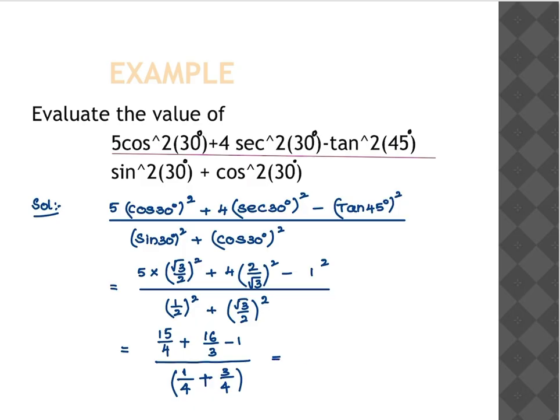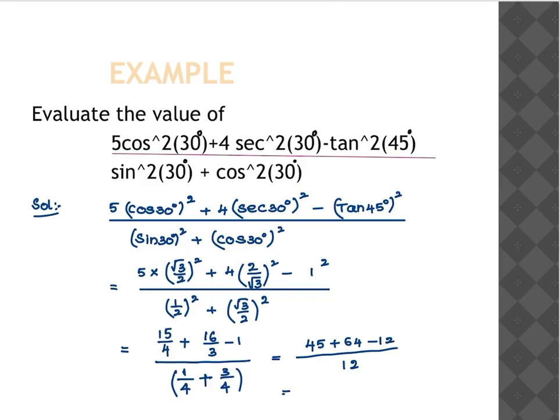To simplify this numerator, the LCM is 12 here. By 4 it goes 3 times, so 3 into 15 is 45, plus, by 3 it goes 4 times, 4 into 16 is 64, minus 12.